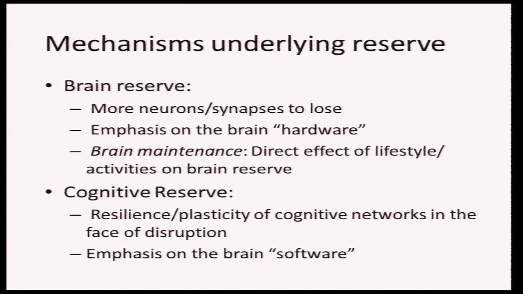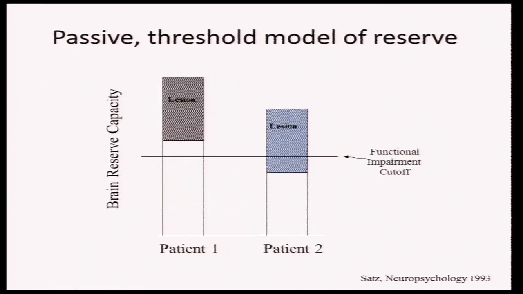And then the concept of cognitive reserve emphasizes more the software idea, the resilience or plasticity of cognitive networks in the face of disruption. So those two things together, to me, make a nice package of interacting brain substrate and cognition to help people cope with brain changes over time. This is a graph by Paul Satz. He was talking about the threshold model.